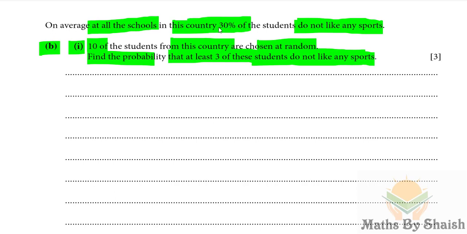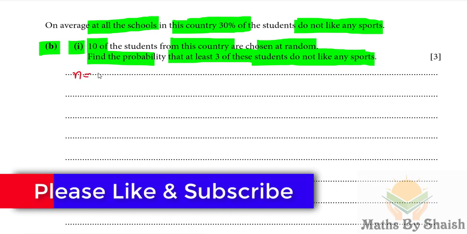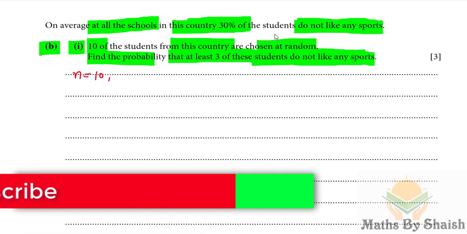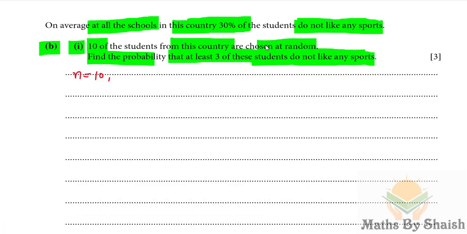Proportion means probability. So if we take n as 10, and we talk about success as choosing at random a student from this country who does not like any sport, we can take it as P, and it is given as 30%, which means 0.30.